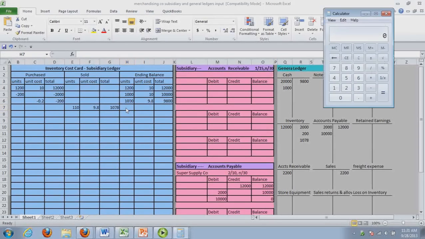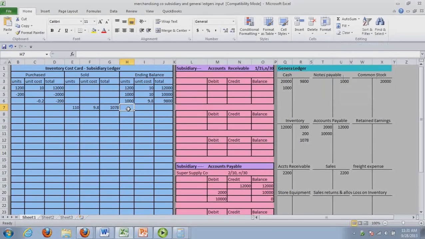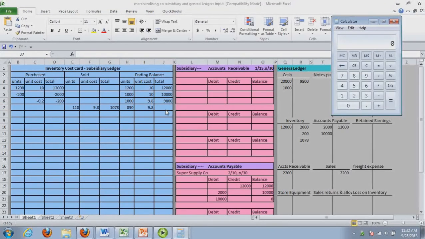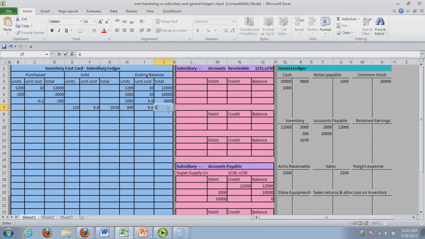You had 1,000 units, you sold 110, so that's 890 units. The cost per unit still remains at $9.80, and then of course I've got to do the math again. So we have 890, and this again is a place with plenty of room for errors. Thank goodness for software. 8,722. Okay, hopefully that's correct. Okay, so we've updated the inventory cost card.